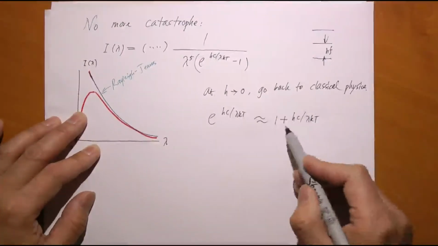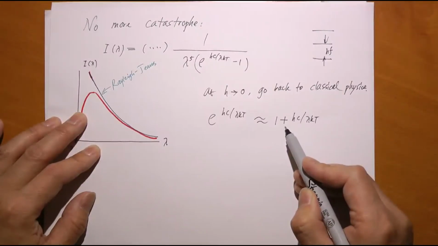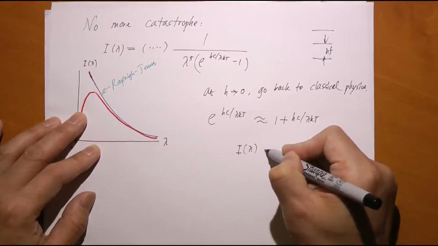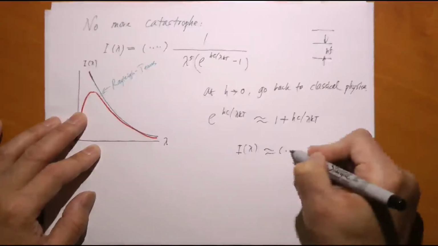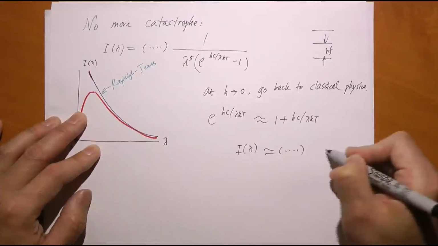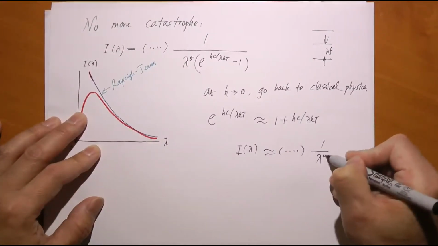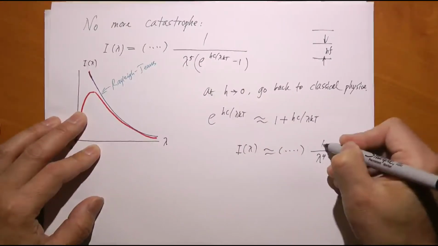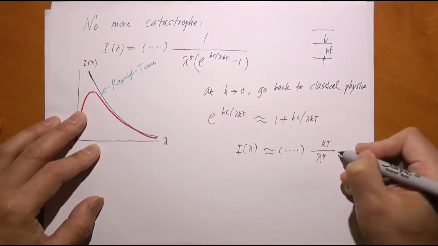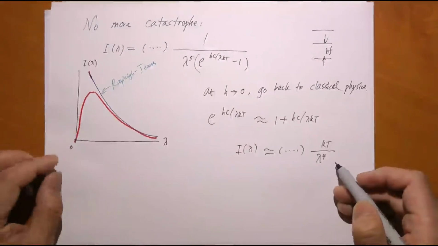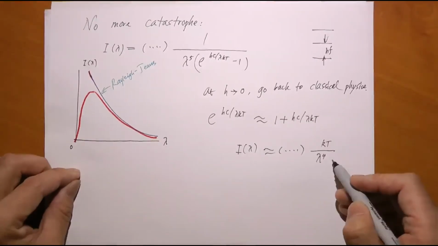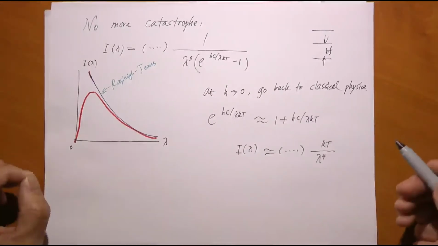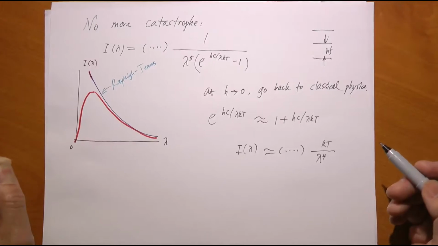Now you minus that 1 here, so that 1 is gone, and then you're left with I of lambda approaching whatever constant, 1 over lambda to the power 4. Right? You have lambda to the power 5, and you divide it by lambda, and there is a kT here. This, in fact, is the Rayleigh-Jeans formula. In the past we used f, now we use lambda. It's really the same thing.